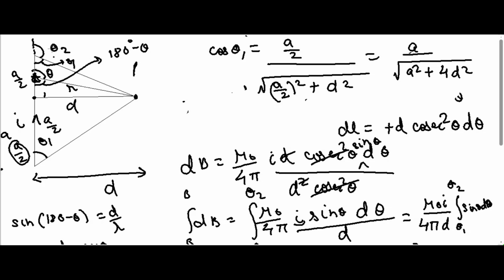But for cos theta 2, theta 2 will be equal to 180 degrees minus theta 1 if this is the perpendicular bisector. And we know that cos of 180 degrees minus theta 1 will be equal to minus cos theta 1. So cos theta 2 will be equal to minus cos theta 1, and cos theta 1 is this quantity.